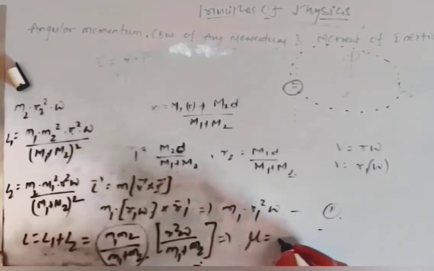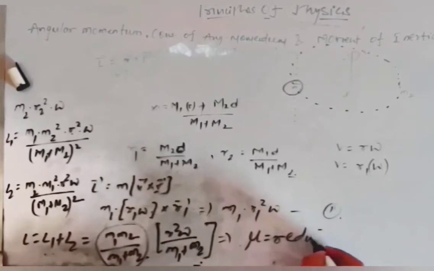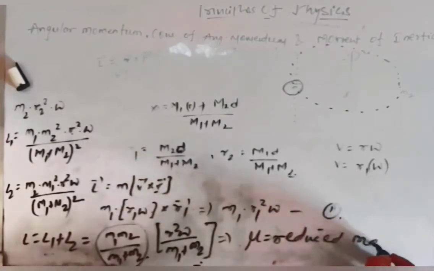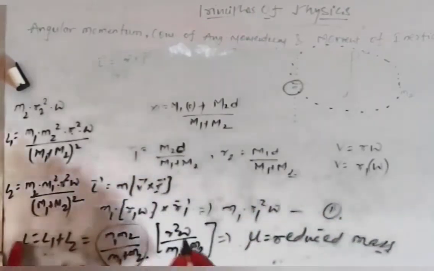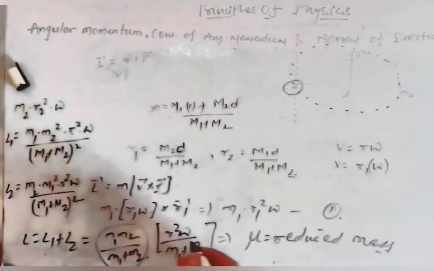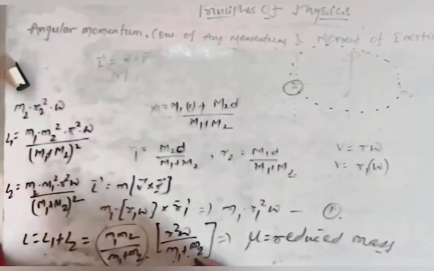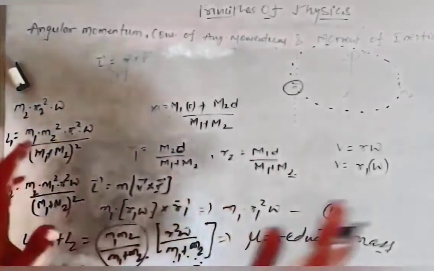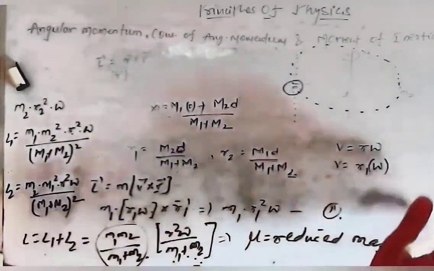Mu is the reduced mass. So mu r square omega is the angular momentum of this system.